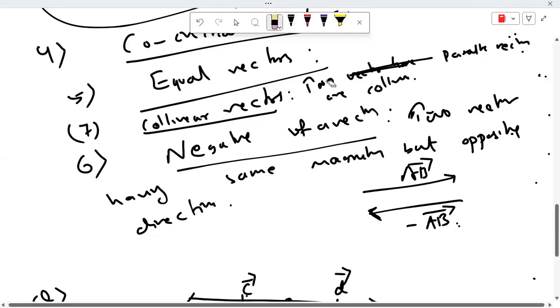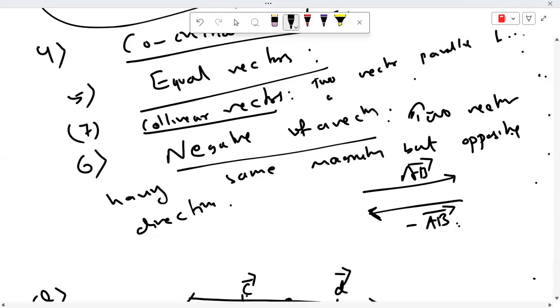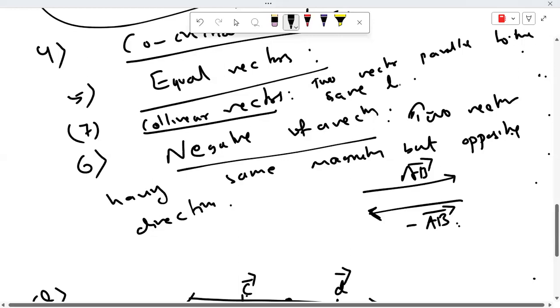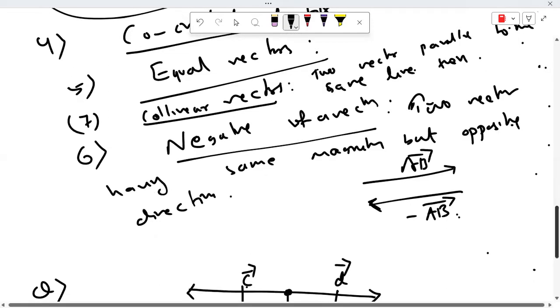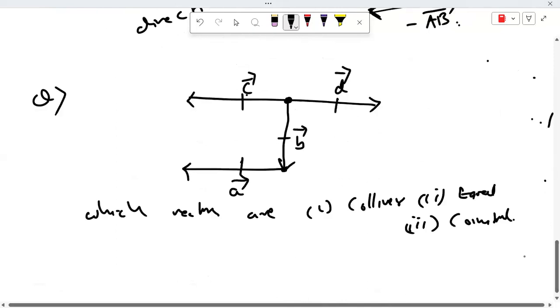In fact, the most accurate definition is: two vectors parallel to the same line are collinear vectors. Okay, now to this question.